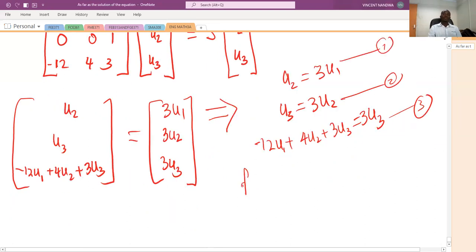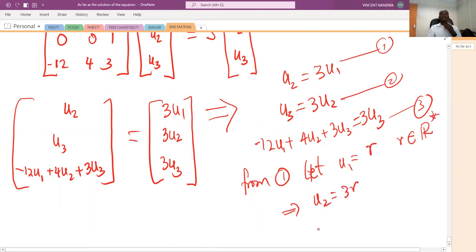So from 1, let u1 be, say, r, where r is a non-zero real number. So that means that u2 will be 3r and u3 will be 3 times 3r, which will be 9r, using equation 2.